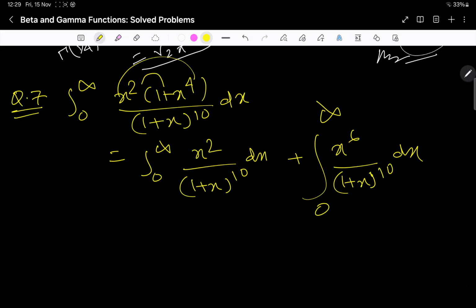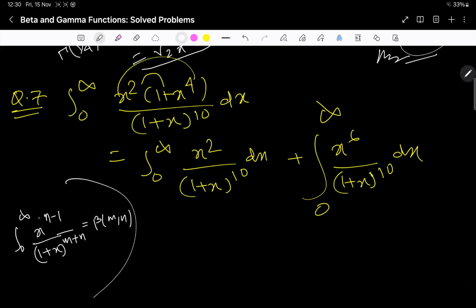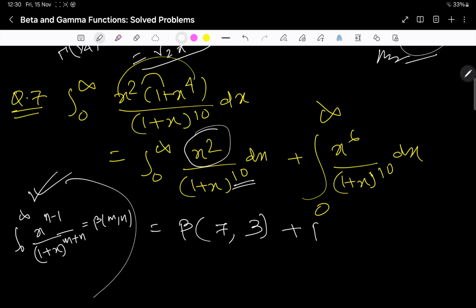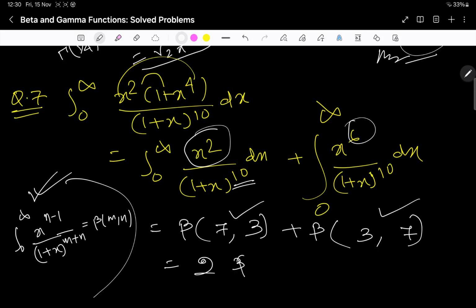So now this will be beta with n equal to 3, and 3 plus 7 is 10, plus beta where n is 7, and 7 plus 3 is 10. So this is twice beta of 3, 7, since beta mn is beta nm.